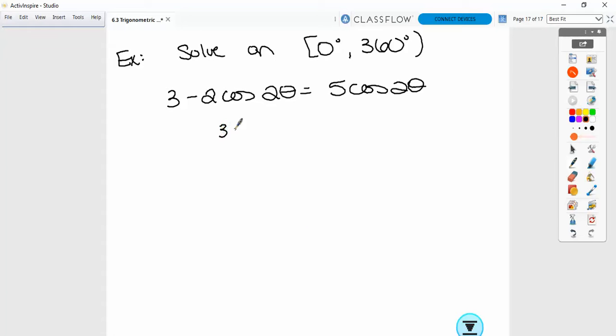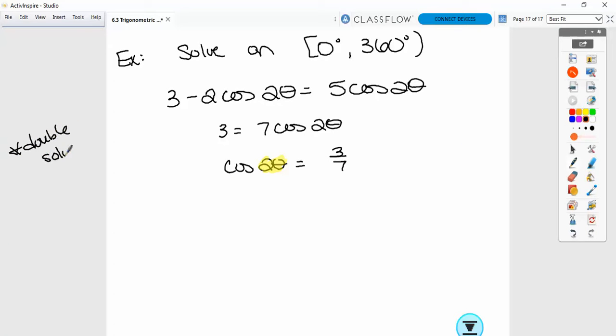You can add over the 2 cosine 2 theta. So that makes this 7 cosine 2 theta. Divide, so cosine 2 theta is 3/7. Because this is a 2 theta, I know I will have double the solutions.